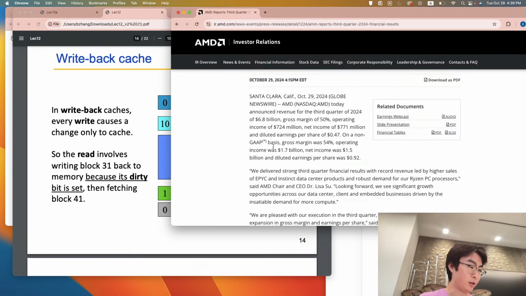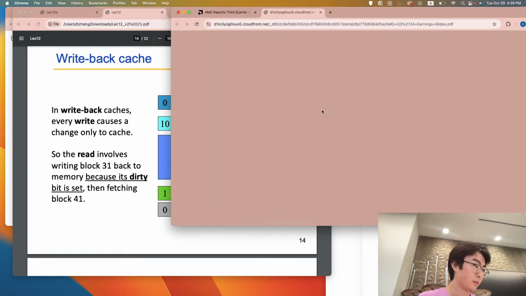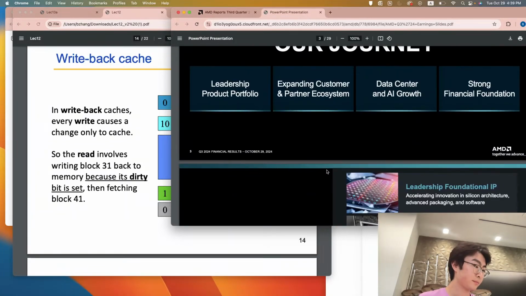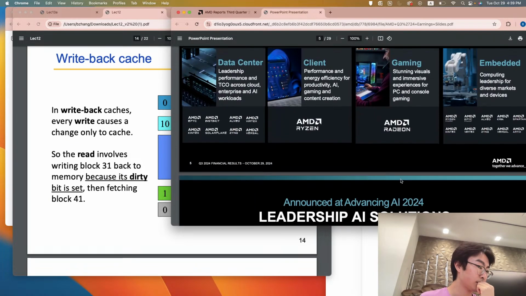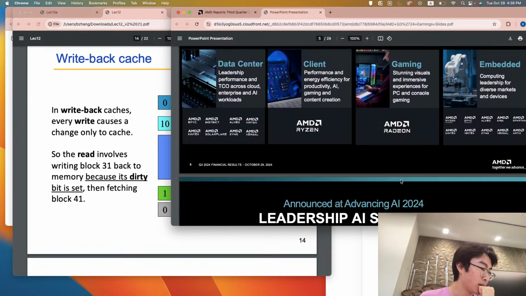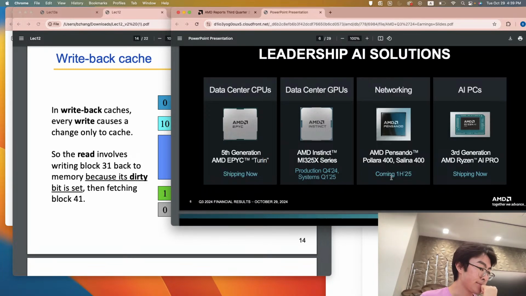Okay, very interesting. Slides are cool. Okay, I could see AMD locking in the data center market from Intel.